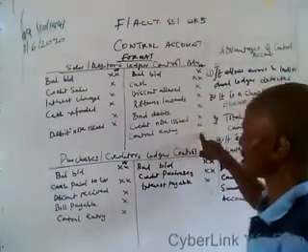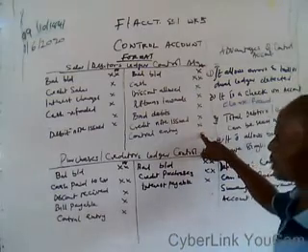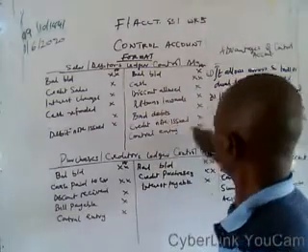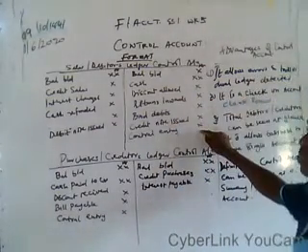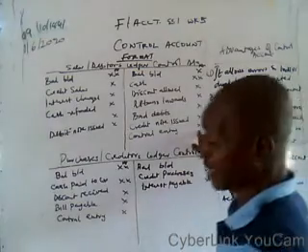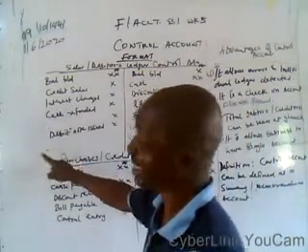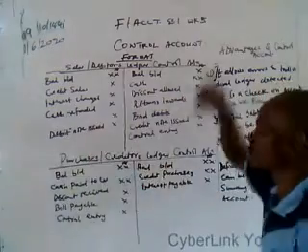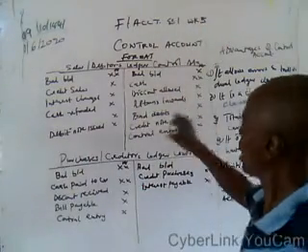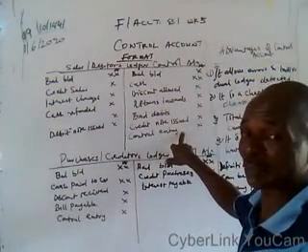At the end of the day, you have two ways of balancing this account. If you are given the closing balance as a debit, it acts as the balance brought down in the old book, and you transfer it to this side as a balance carried down.